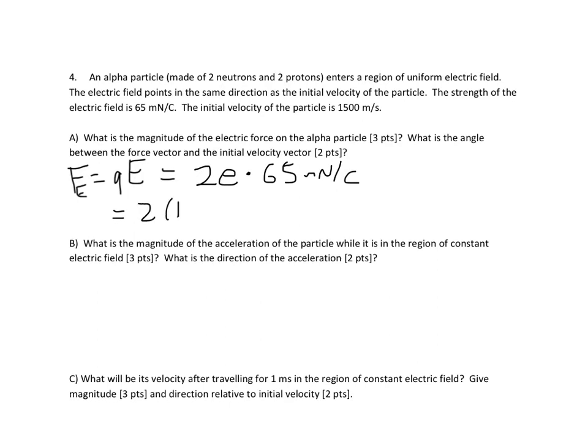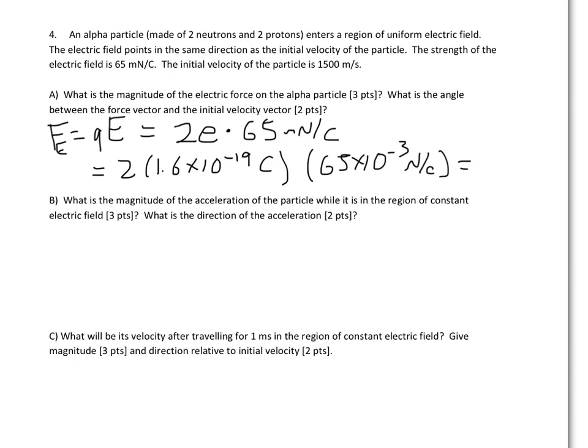So we can just put that in, using the value of e from the data sheet, times 65 times 10 to the minus 3 newtons per coulomb. This final answer, which you can verify with your calculator to 2 sig figs, is 2.1 times 10 to the minus 20 newtons.